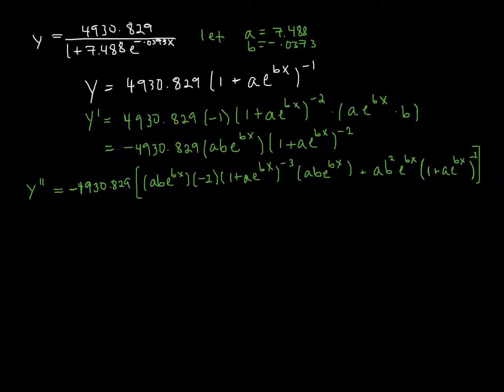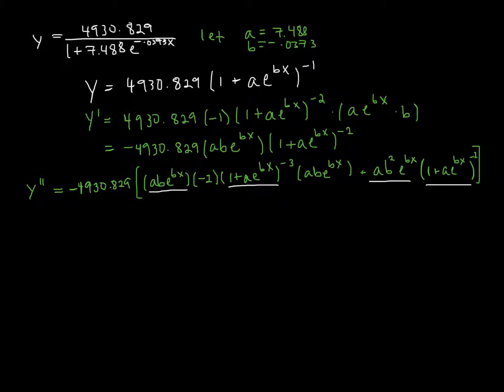All right, so at this point, I want to look to factor some things out. And what I can factor out here are a couple of things. I can factor out an ab e to the bx, and I can also factor out a 1 plus a e to the bx to the negative 2.